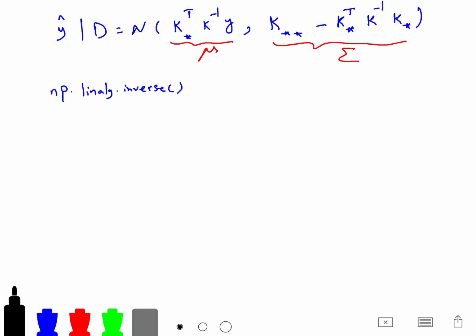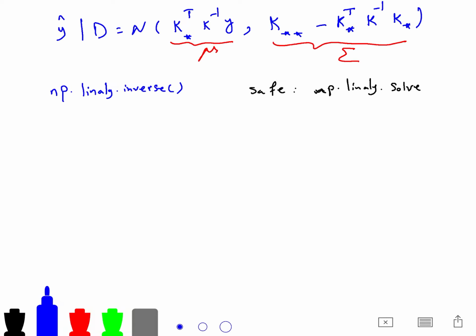Therefore, the safer method is to use numpy.linalg.solve. So how can we use that to create a safer, more robust, faster, and a little bit more scalable approach?